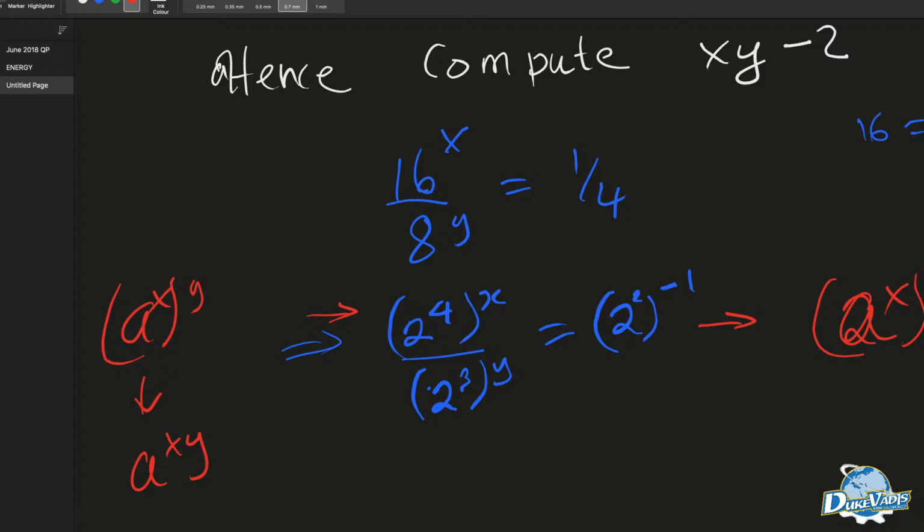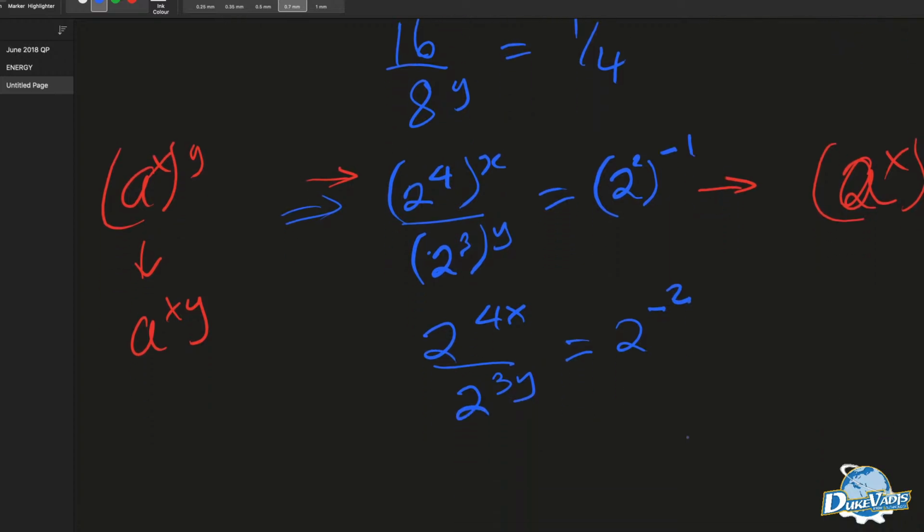If we apply that, we get our expression to be 2 raised to the power 4x over 2 raised to the power 3y is equal to 2 raised to the power negative 2. Friends, it's just so easy.